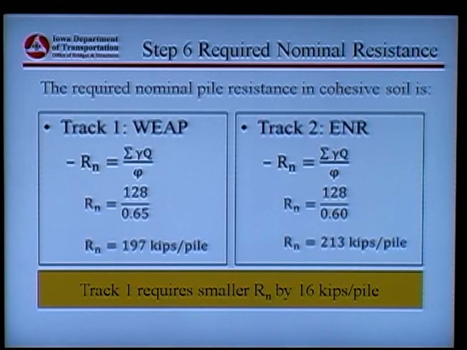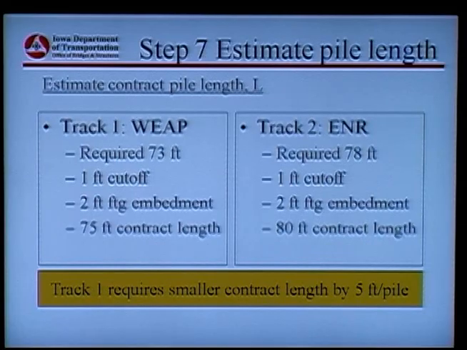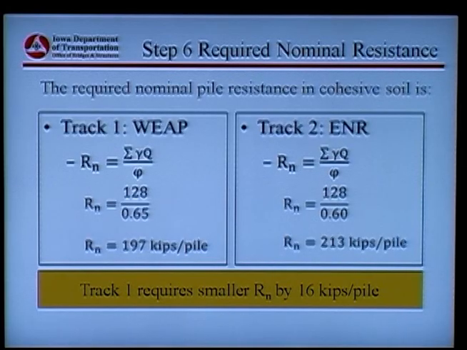So Track 1 requires a smaller R_n, nominal resistance, and that will be reflected in terms of the contract length. As you calculate the contract length based on these two numbers, one is 197, and this is 213 for the ENR formula.